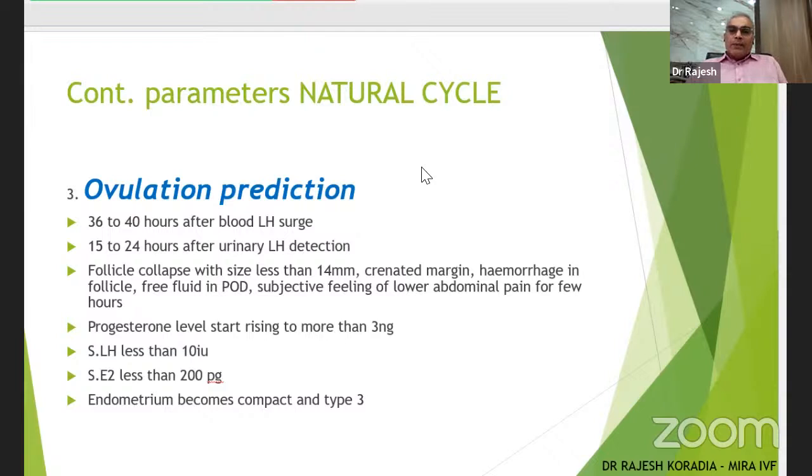And if you ask the patient, there is a subjective feeling of lower abdominal pain for a few hours. Once ovulation occurs, progesterone levels start rising to more than 3 nanogram in 12 hours. Serum LH level again comes back to less than 10 units. Serum E2 again comes back to less than 200 picogram, and the endometrium becomes compact and type 3.